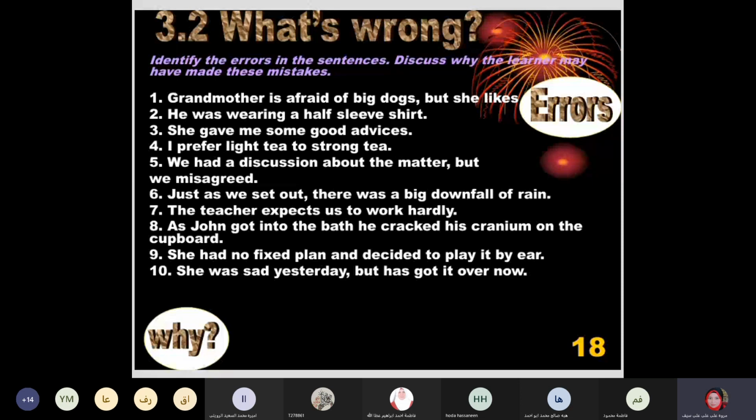But how do we form plurals when we are talking about words that are uncountable nouns? If I have an uncountable noun, Mr. Abdul Manam, you are raising your hand. Go ahead. I need a male participant.